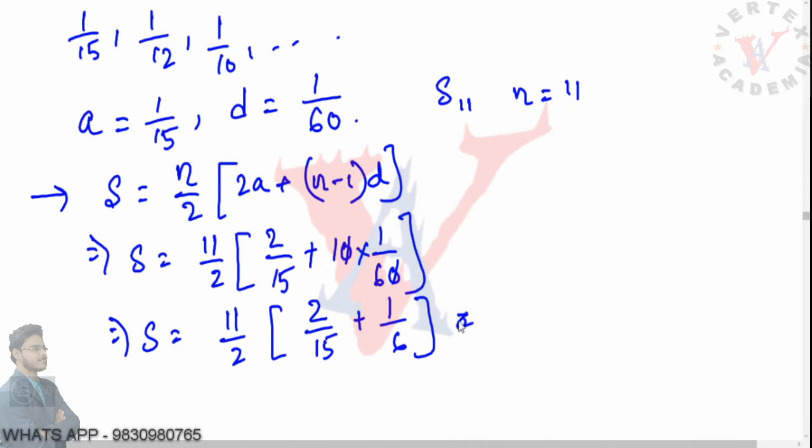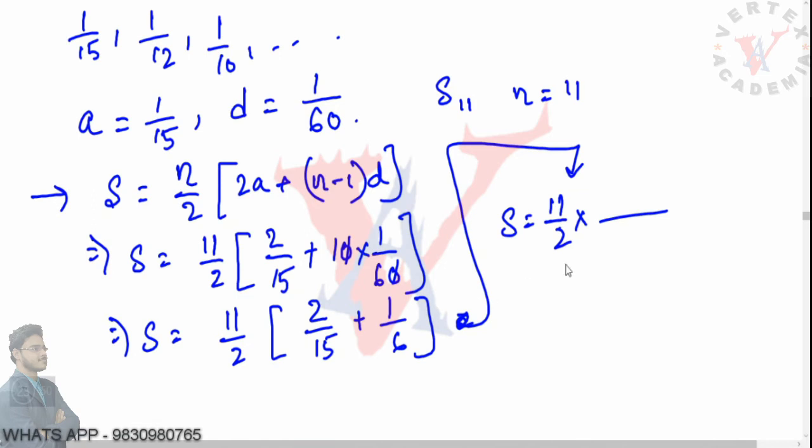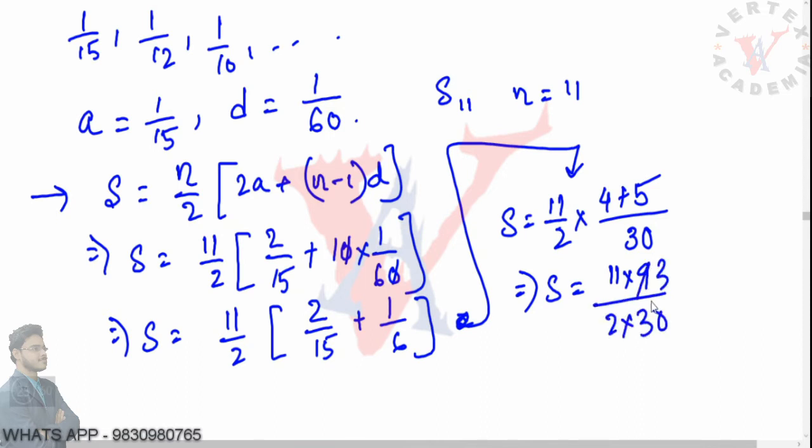The denominator becomes 30, so this will be 4 plus 5, right? Let me check: 2 by 15 is 4 by 30, yes. So the sum is 11 into 9 by 2 into 30, right? So 3 threes are 9, 3 tens are 30, so we finally get 33 by 20, right?